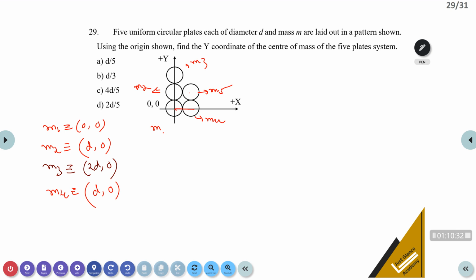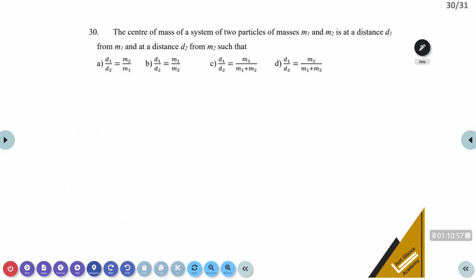You have to travel like this and like this, so M5 coordinates are D comma D. The usual method, you apply it and then do it here. This will be the right choice. And this problem I did in the regular class, 30th.